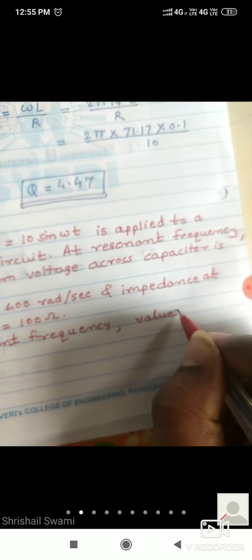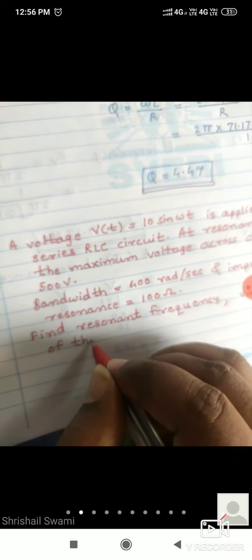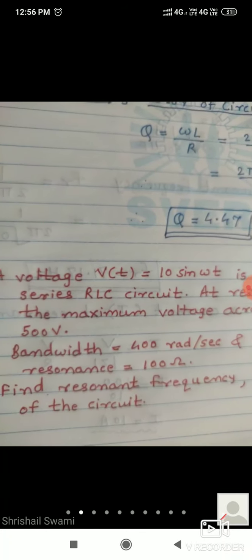Find the resonant frequency, and the values of L and C of the circuit. This is the total question. It was asked for 6 marks. So carefully read the question.